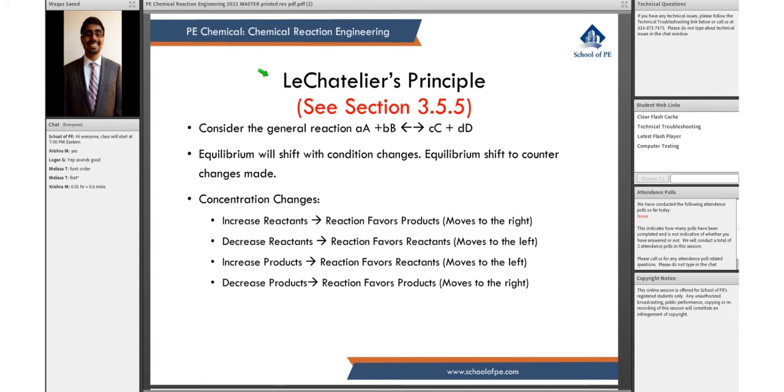It's very brief. It's a brief explanation of how Le Chatelier's principle works, but we're going to go through a few slides here, so hopefully this is familiar for you.